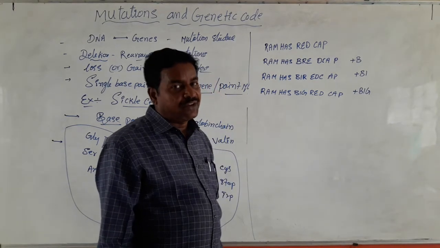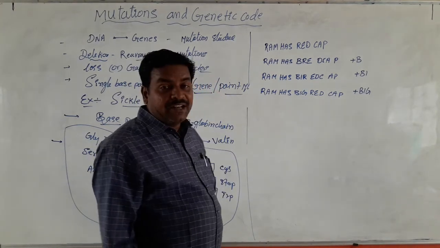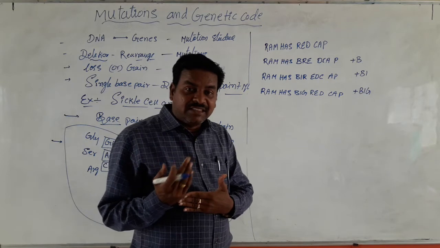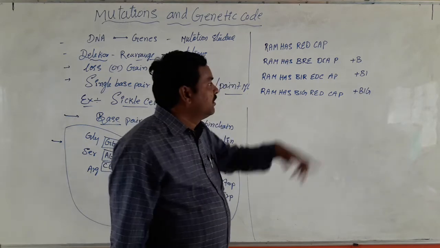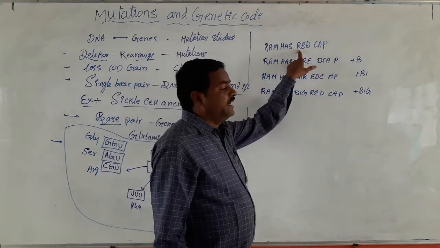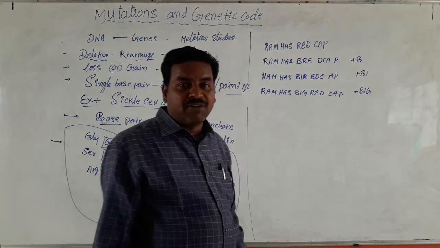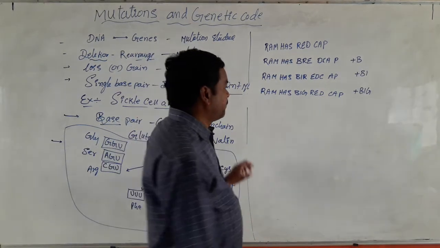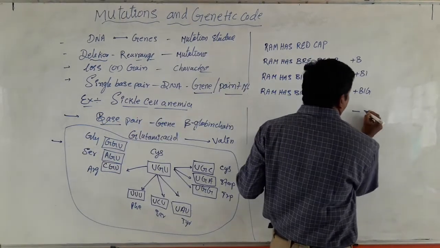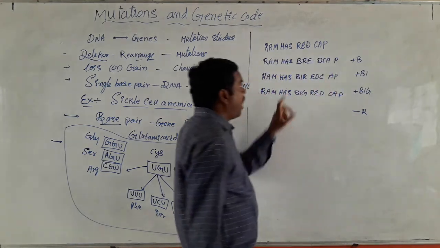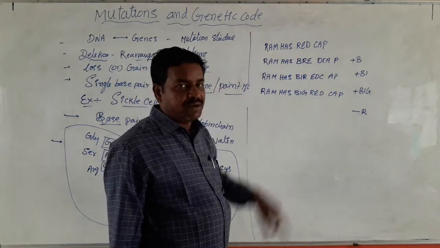Okay. For example, when the letters in this red are deleted one by one, what happened? For example, R is deleted. What happened?